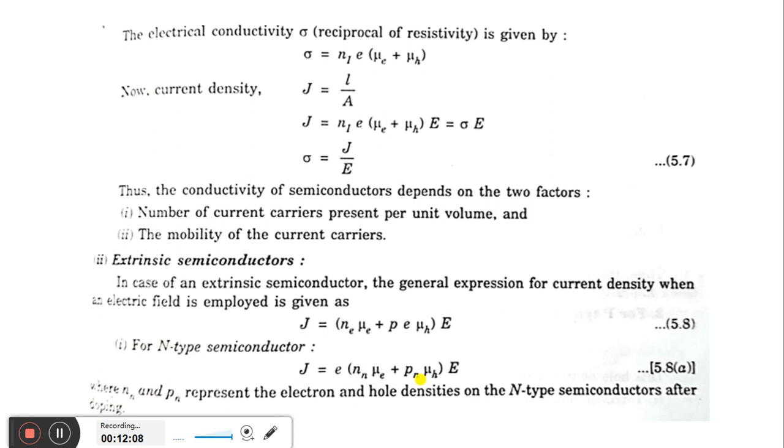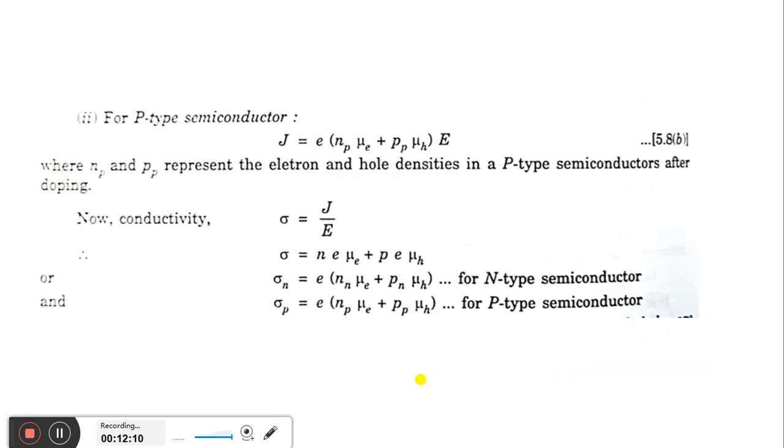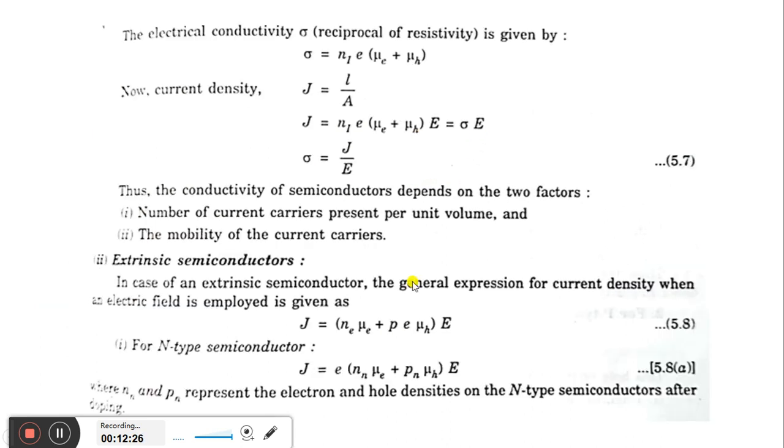So let us see how we have done it. For p-type semiconductors, we have written current density J equals e Np mu e plus Pp mu h, E, and the same is written here.